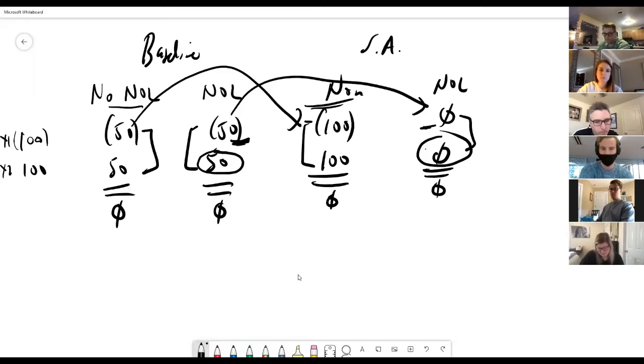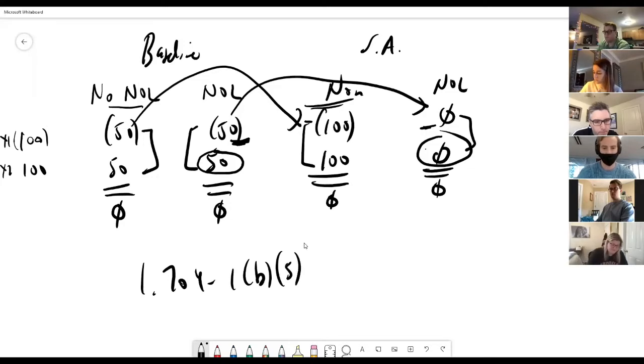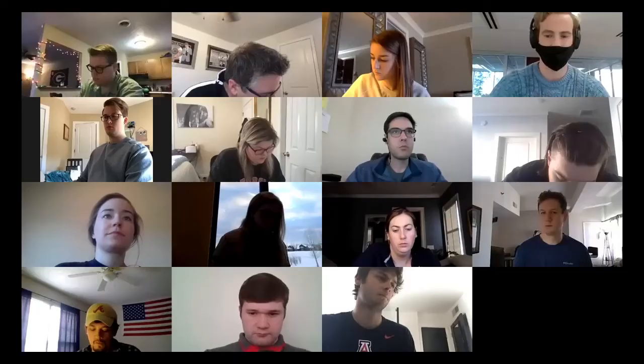So let's look at a problem. Let's look at 1.704-1(b)(5). Example 6 was a shifting. We're going to do example 7 as an example of a transitory test. Let's turn there.